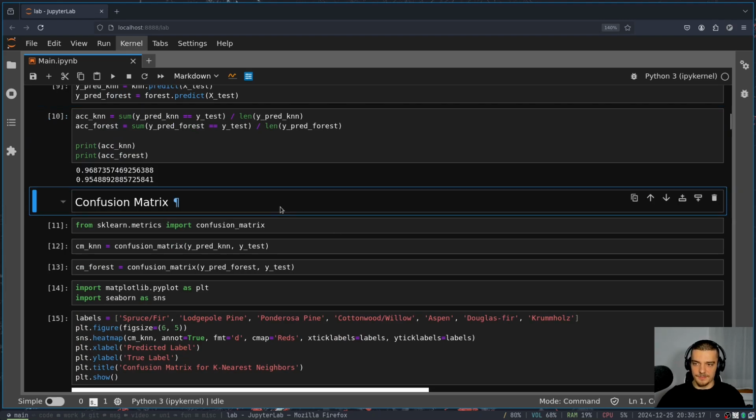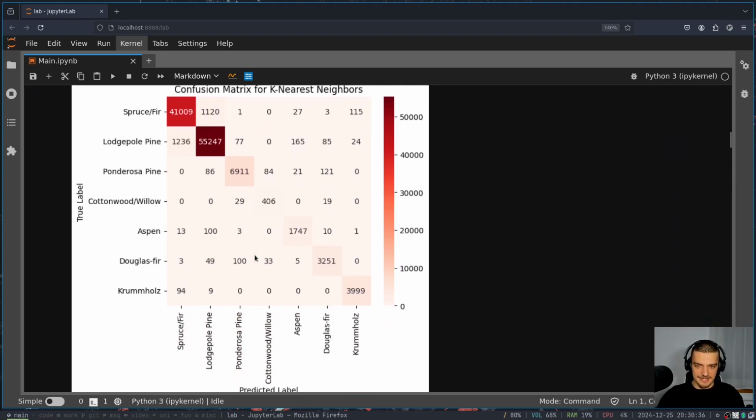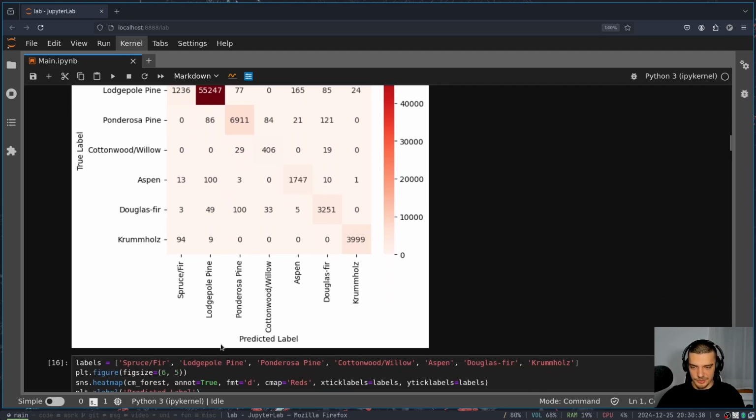We also have something called the confusion matrix, which I want to show you here. The confusion matrix is not really a metric, it's more of a visualization, or more of a grid, and it shows us what kind of classes are being misclassified as other classes. What you see here is the predicted label and the true label.